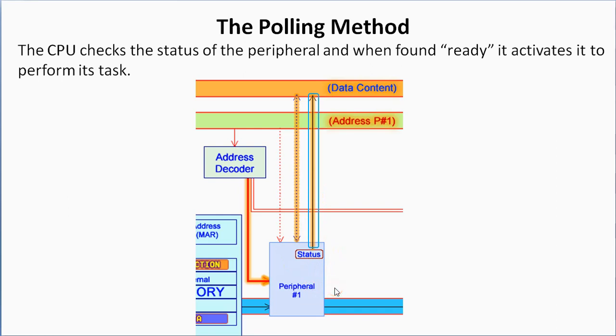Thus, every access to a peripheral must be preceded by a poll of the peripheral to determine that it is in fact ready. This is the polling method, which is actually a protocol for performing input-output operations.